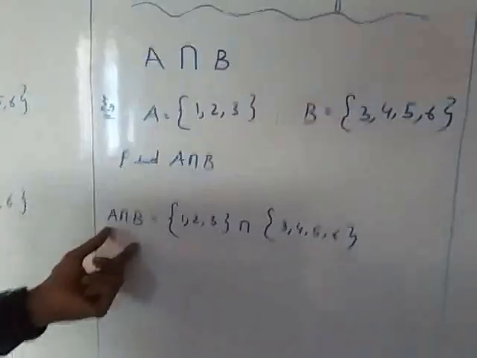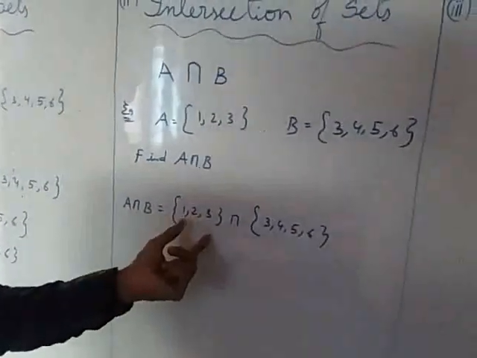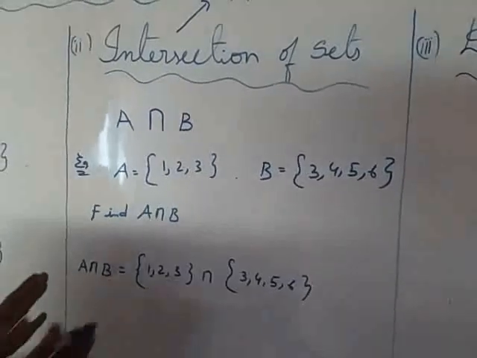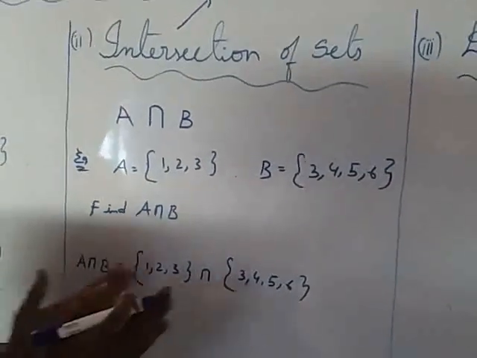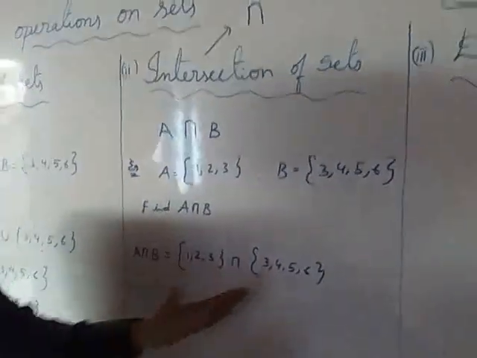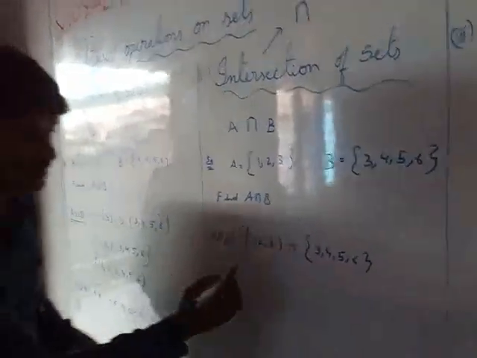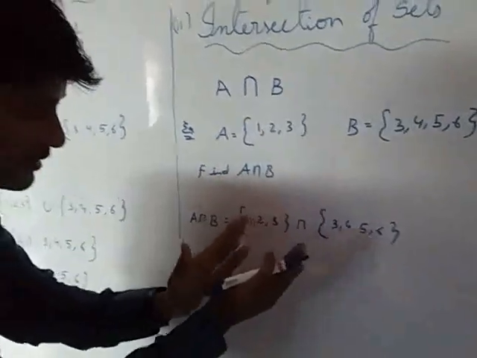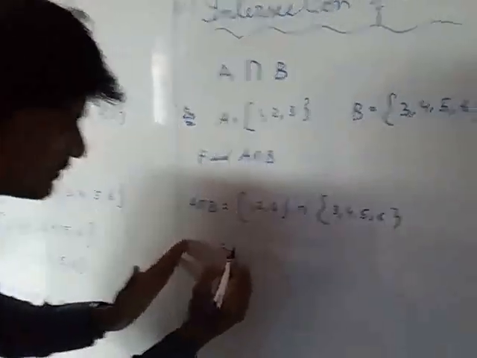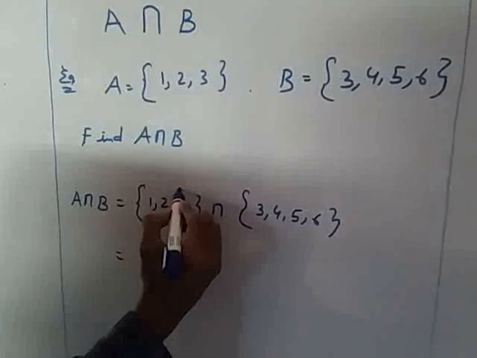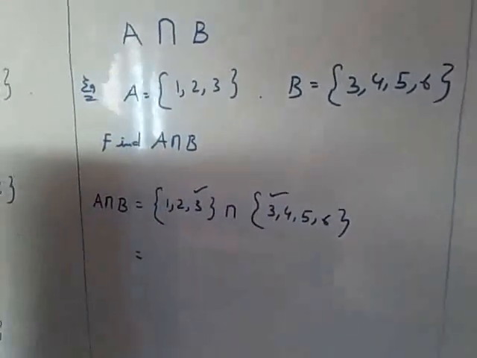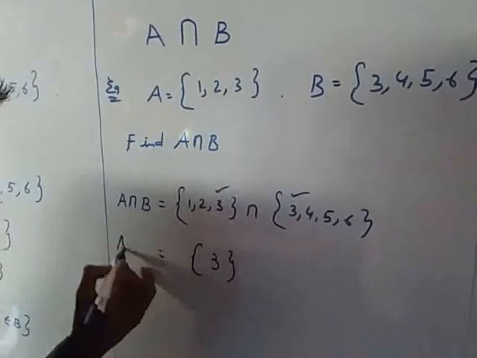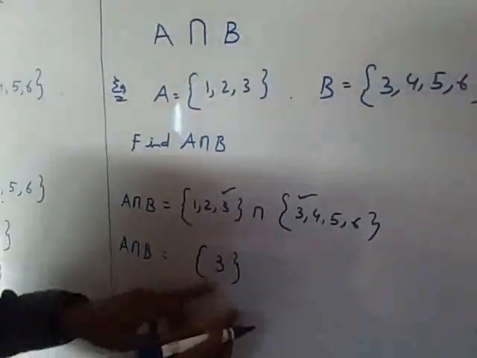Intersection means comparing these two sets, the common elements in both sets. That is A intersection B. The common element is 3, which is repeated here. So A intersection B equals 3.